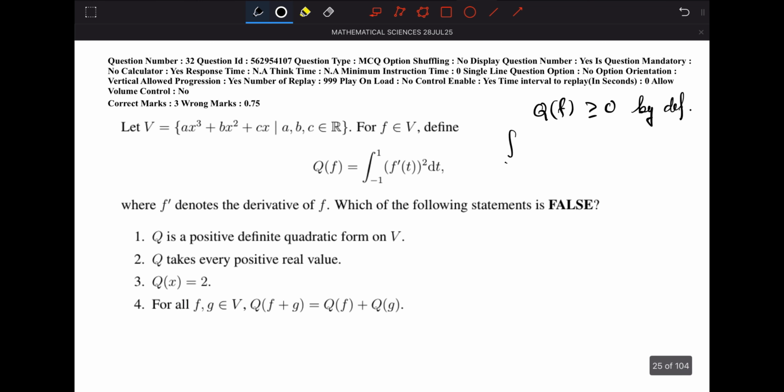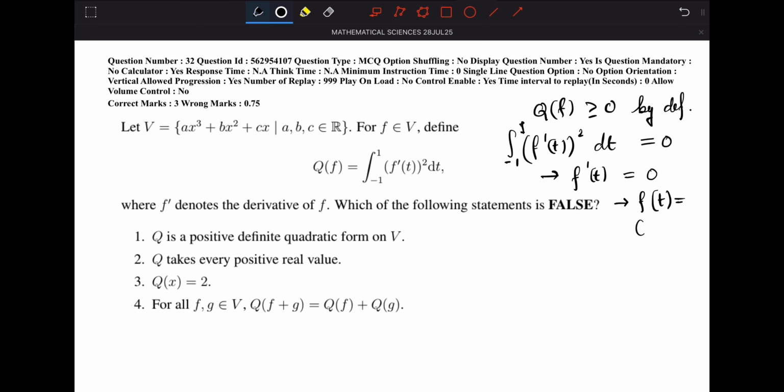And now if we have the integral of f prime of t whole squared dt is 0, that will imply f prime of t is 0, and that will imply f of t is constant. But f of t is a polynomial of the form ax cube plus bx square plus cx.